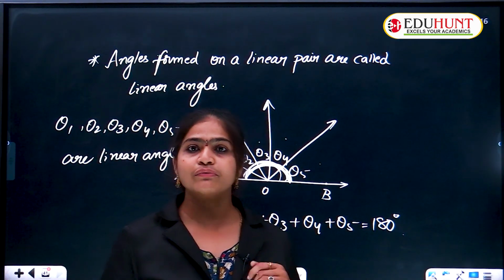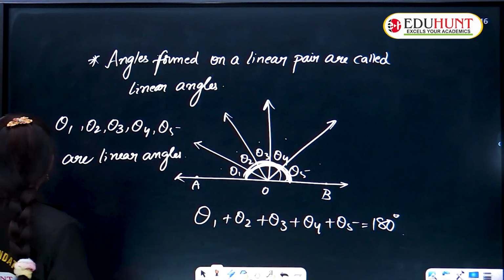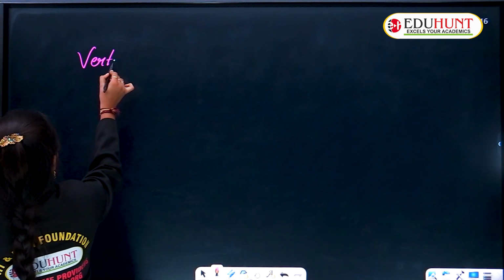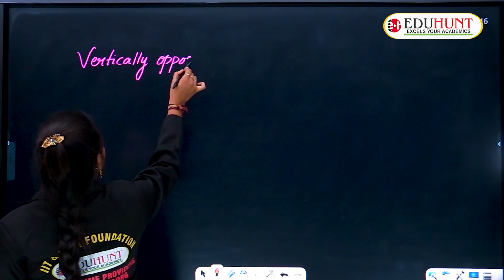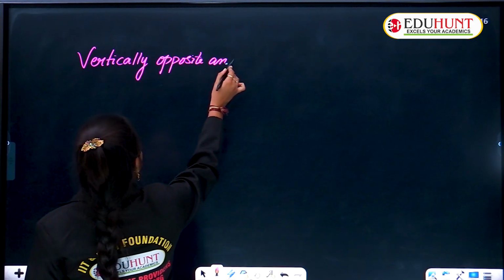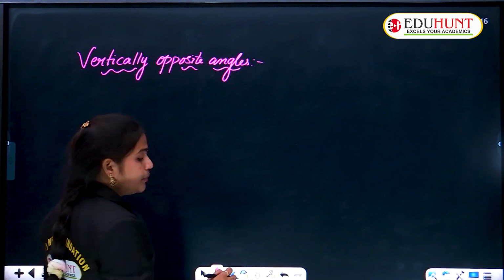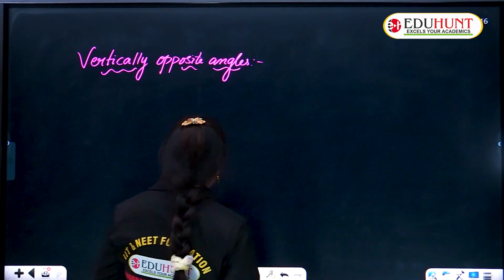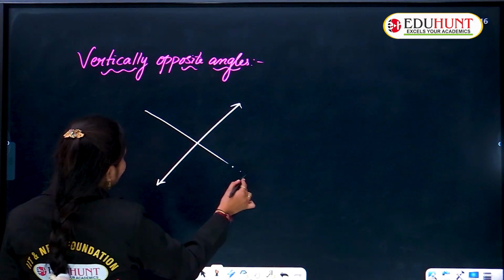And still we have one more type of angle, that is vertically opposite angles. Another one is vertically opposite angles. Okay? Vertically opposite angles means two intersecting lines.